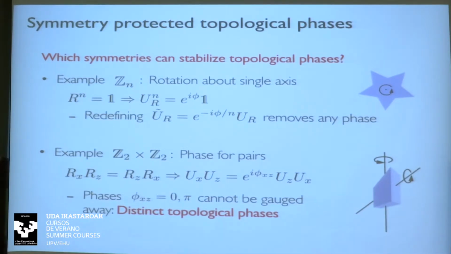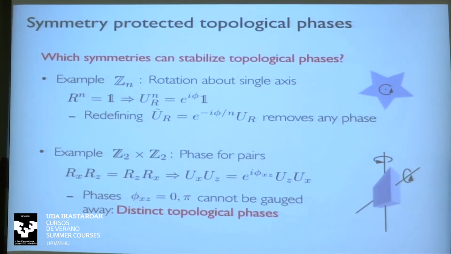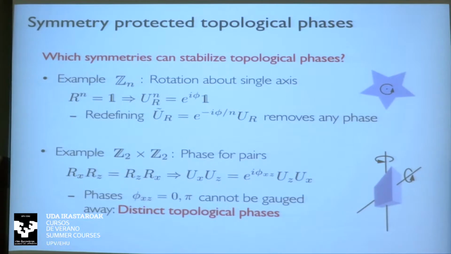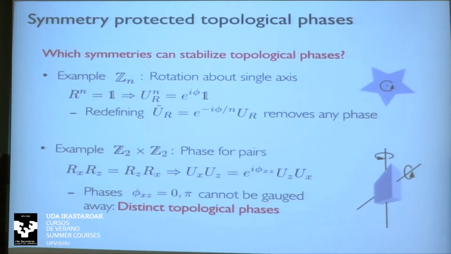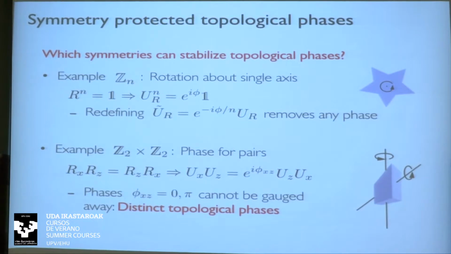So from this argument, we can see that if we have the group Z2 cross Z2, then there are two inequivalent representations. It is either a linear representation, or a non-trivial, projective representation. And they cannot be transformed into each other just by rephasing any operators.